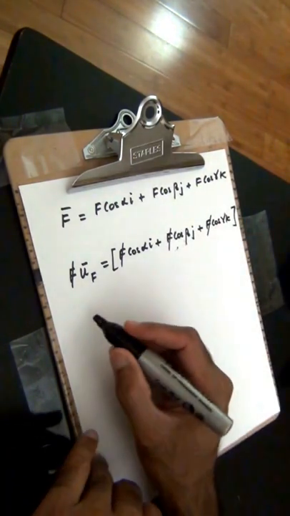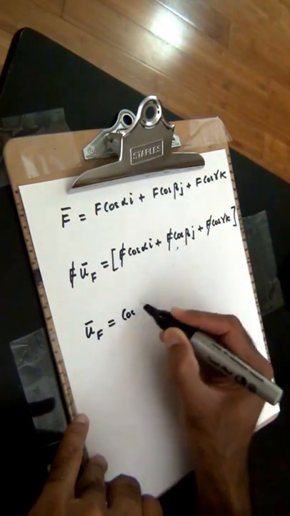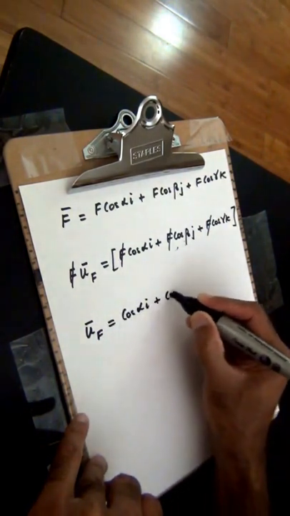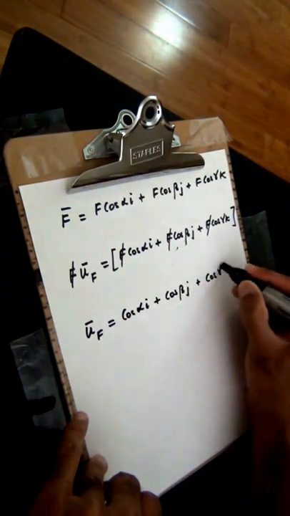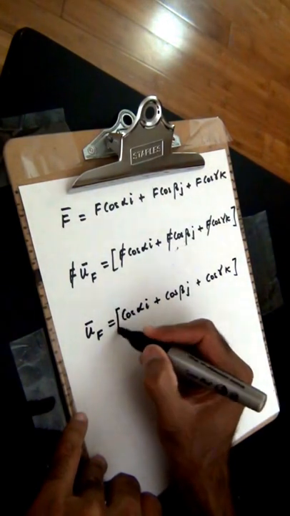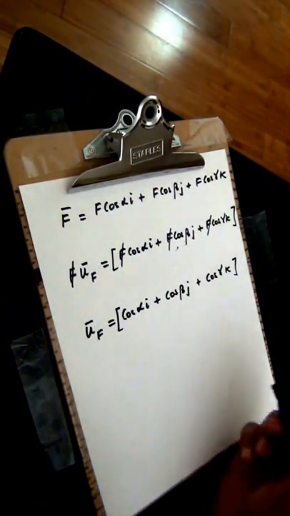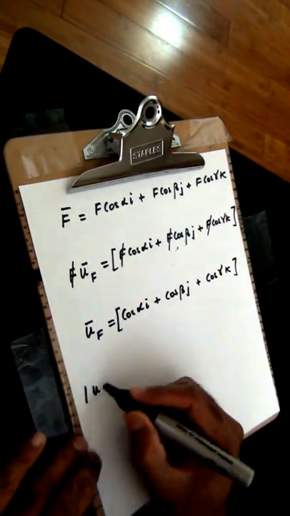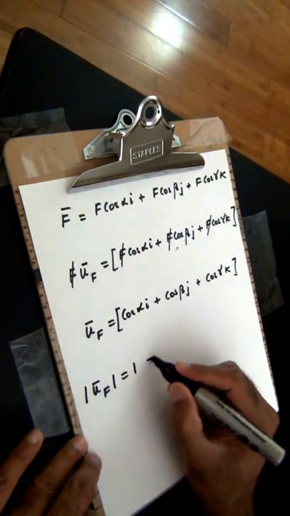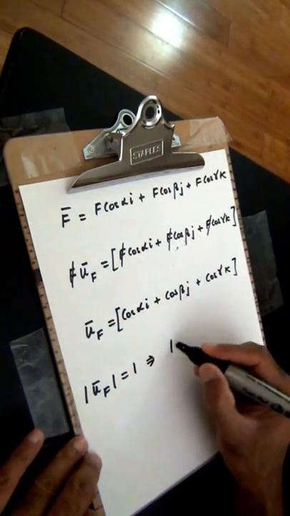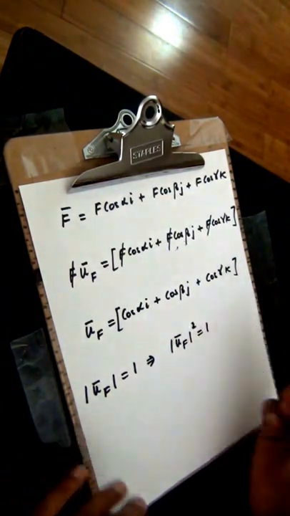And then all I'm left with is the unit vector u suffix F, which is cos alpha i, cos beta j, and cos gamma k. Now we do know that the magnitude of a unit vector is equal to unity, or is equal to 1, which means that the magnitude of uF is equal to 1, or I can say that the magnitude of uF squared is also equal to 1.